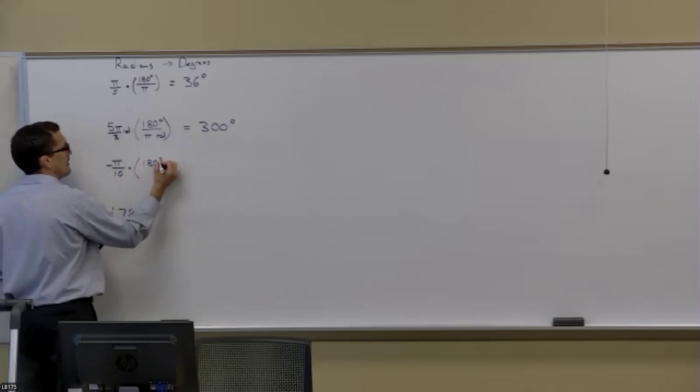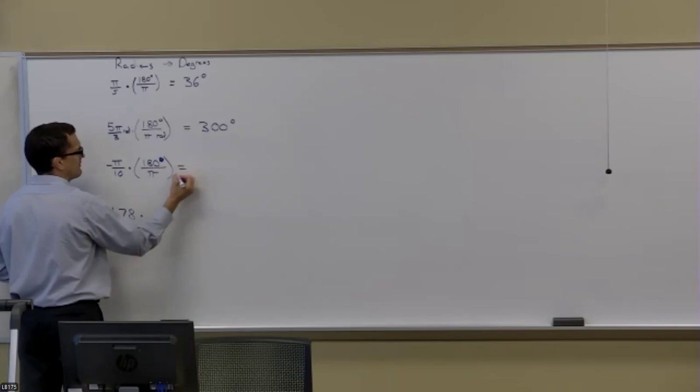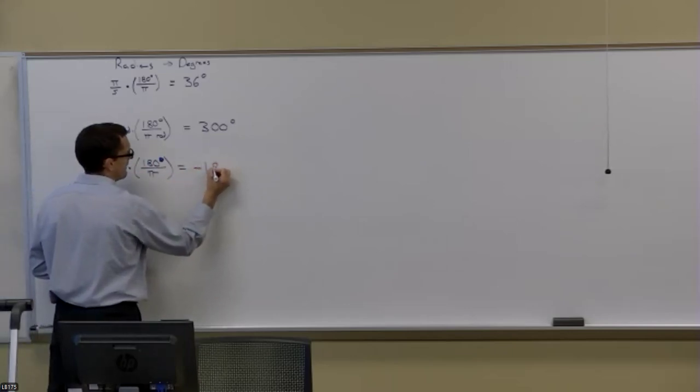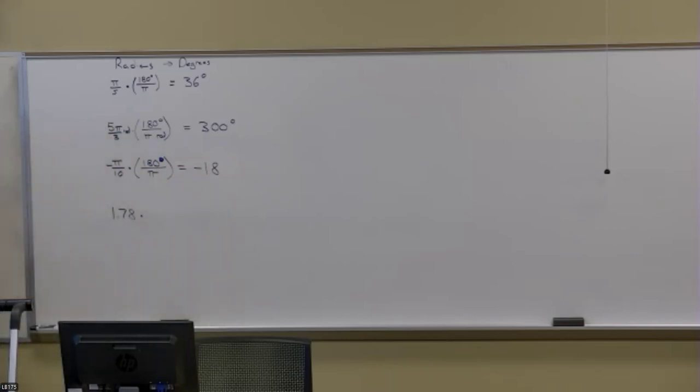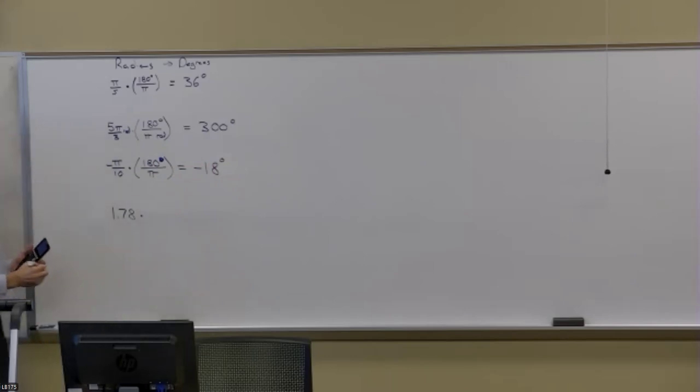Multiplying by 180 degrees divided by pi radians, the pi's cancel out, and we get negative 18 degrees. So negative pi over 10 radians is negative 18 degrees.